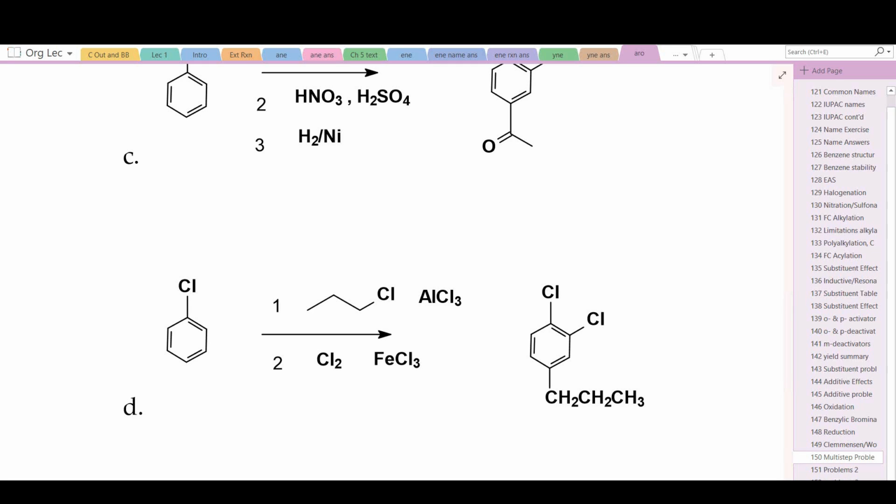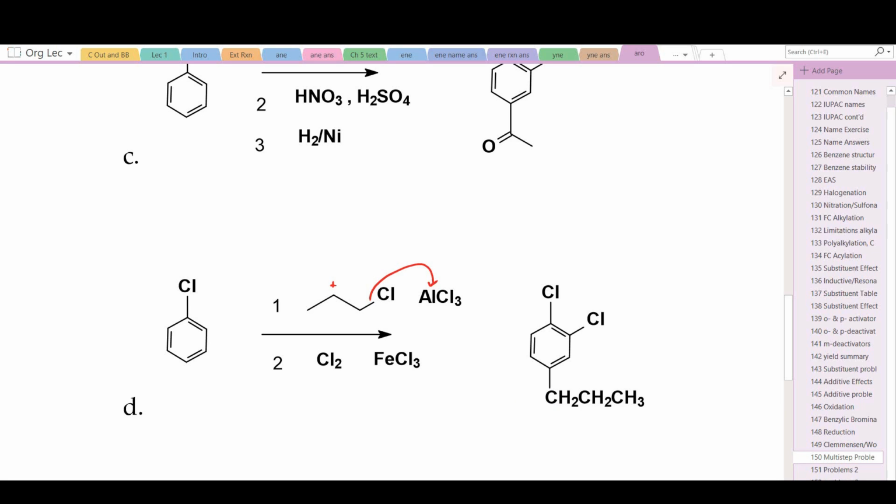There's actually two mistakes in this one. First of all, the alkyl chloride will rearrange. That's one of the limitations of alkylation. When the chloride leaves, it forms a primary carbocation, which will rearrange by a hydride shift to form a secondary carbocation. So the main product we're going to get will actually be isopropyl chloride. n-Propyl chloride would be a small component, a small percentage.